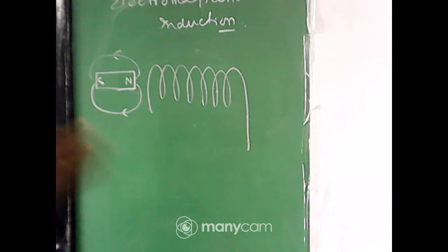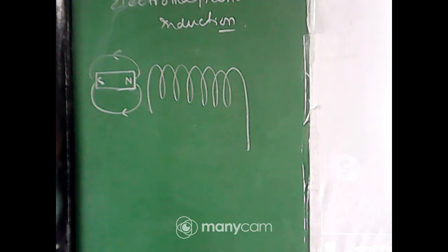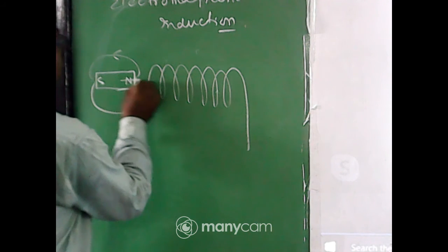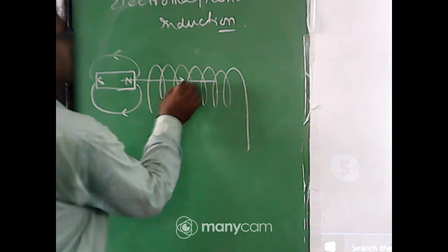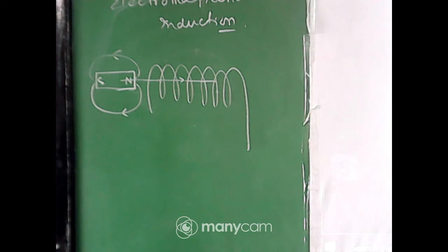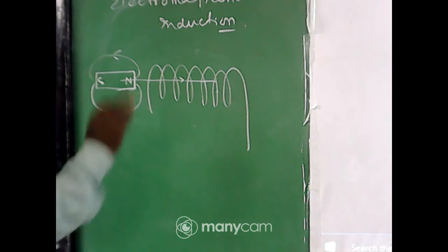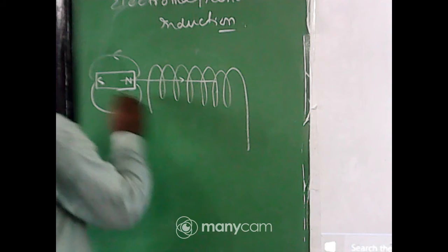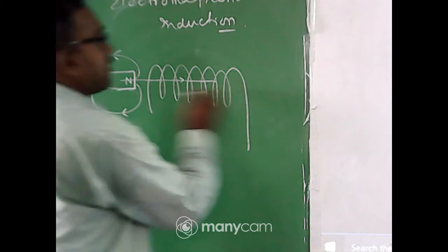This term is totally new, you see it in the upper class. Magnetic flux. So when the magnet is moved through the coil, that means the relative velocity is there. What is the inner meaning of it? The coil is at rest and the magnet is moving inside it.